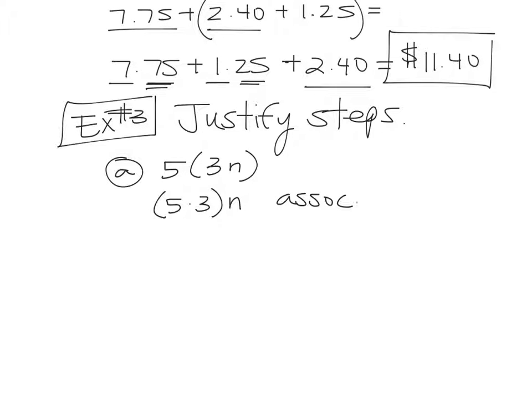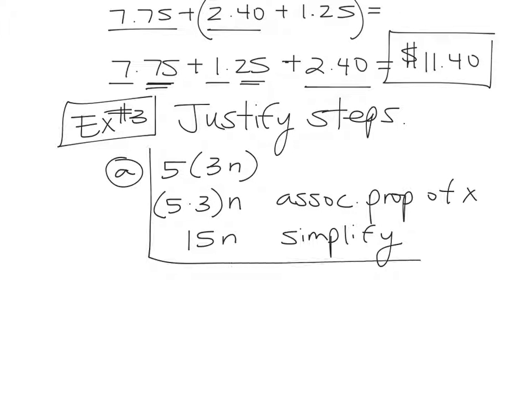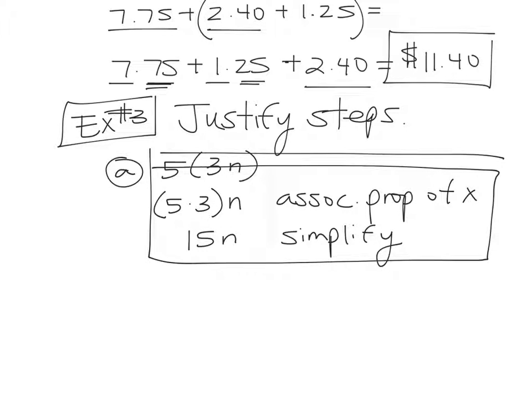So the associative property of multiplication, when they ask you to move it, that's what you do. And then your next step is to simplify that. So 5 times 3 is 15n. We just say we simplified. Okay, so this is what you're going to have to do with it. Walk through the steps.